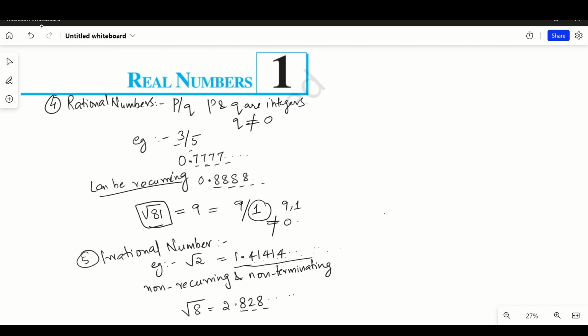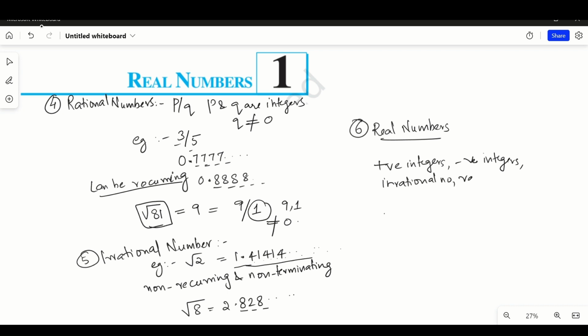Now last but not the least, we are going to know what real numbers are. Real numbers can be positive integers, negative integers, irrational numbers or rational numbers.